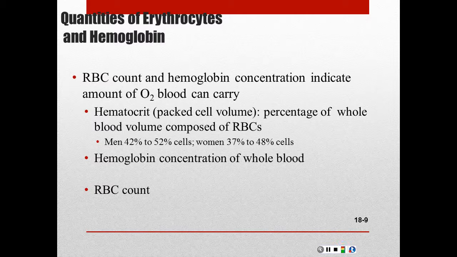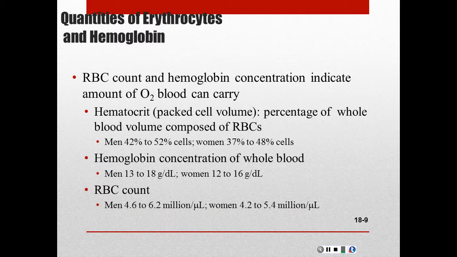The range in men is normally 42 to 52%, and in women is 37 to 48%. The hemoglobin concentration of whole blood is normally 13 to 18 grams per deciliter in men and 12 to 16 grams per deciliter in women.